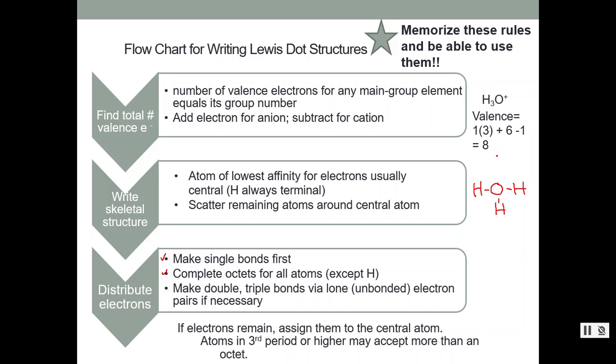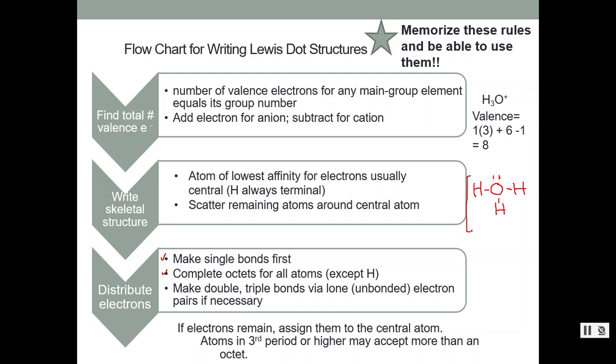I've got 2 more left over. What do I do with them? If you have any electrons remaining, you assign them to the central atom, which is the oxygen. So 7, 8. And that's good because now not only are my hydrogens happy with a duet, but my oxygen is happy with an octet. It has 2, 4, 6, 8 valence electrons.